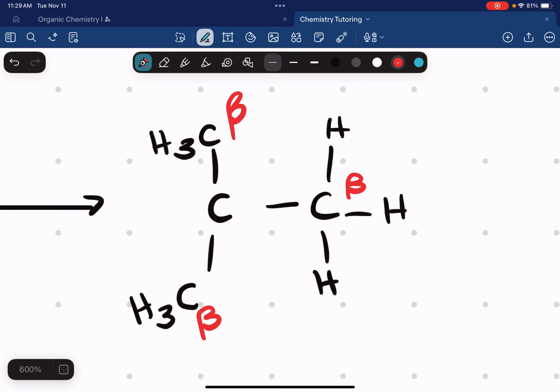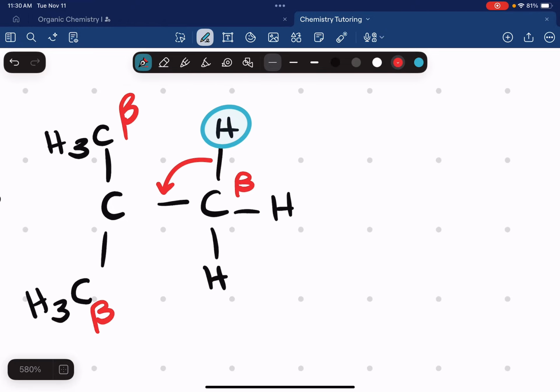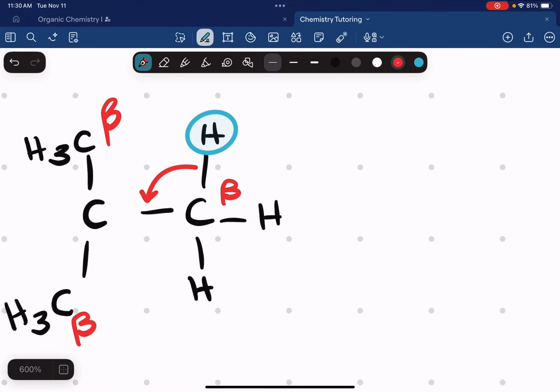So we look at one of the hydrogens attached to the beta carbon. What happens is this hydrogen is going to leave, and the electrons in this bond are going to jump in there, right? Why?